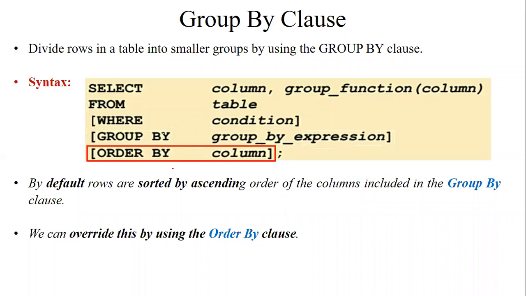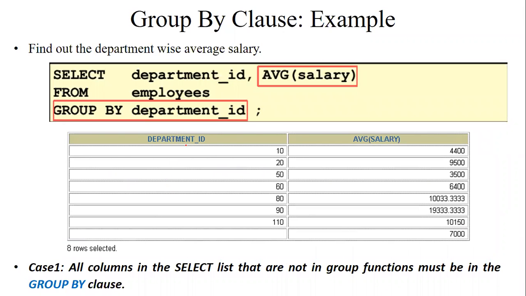Now let's see an example of how you can utilize the GROUP BY clause. From the previous example, we have to identify the average salary of each department. You can write this SQL query: SELECT department ID and average salary, so two columns we have specified.